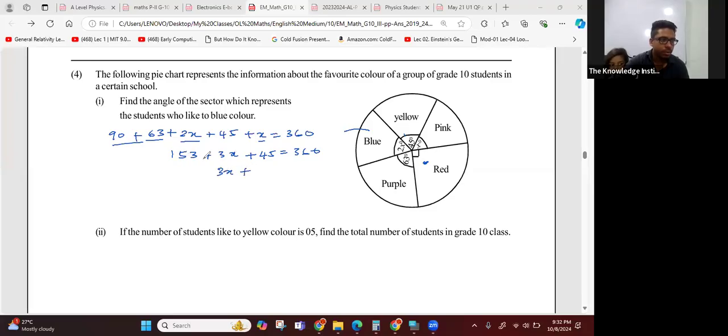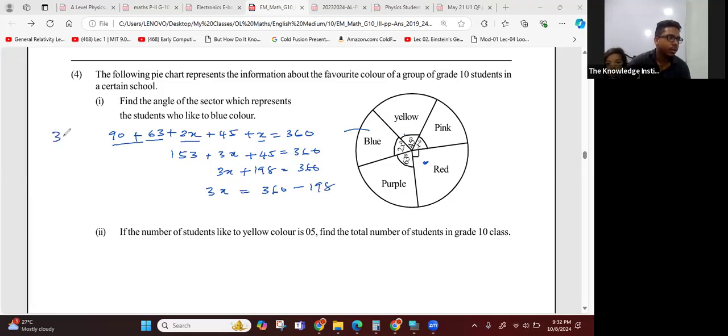So 3x plus 198 equals 360. 3x equals 360 minus 198.